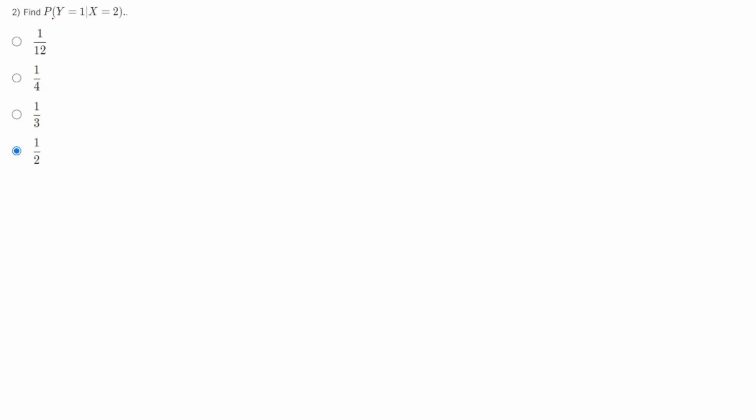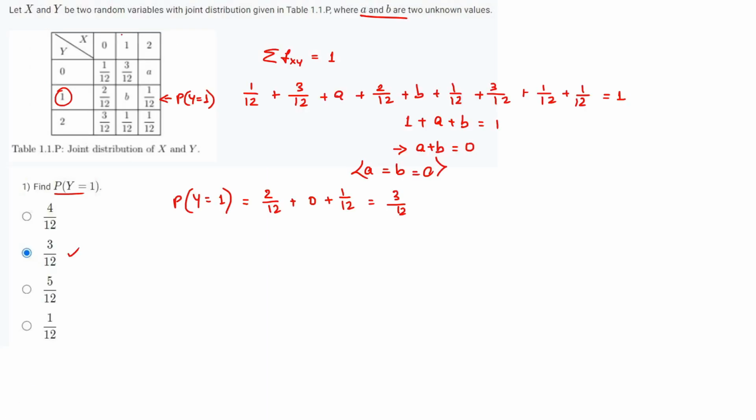p of y is equal to 1 given p of x equal to 2. Whatever is given should be in the denominator, that is p of x equal to 2. In the numerator we'll have p of y is equal to 1 comma x equal to 2, which is basically the term where x equal to 2 and y is equal to 1, and that is 1 by 12.